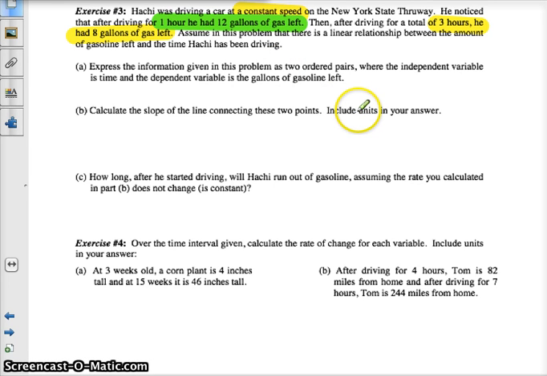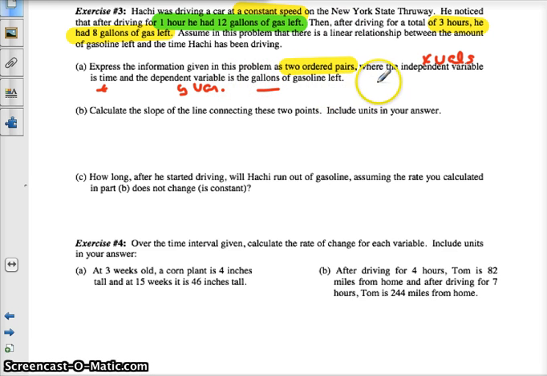Assume in this problem that there is a linear relationship between the amount of gasoline left and the time Hachi has been driving. Express the information given in this problem as two ordered pairs, where the independent variable, your x value, is time, and your dependent variable, your y variable, is gallons of gas.